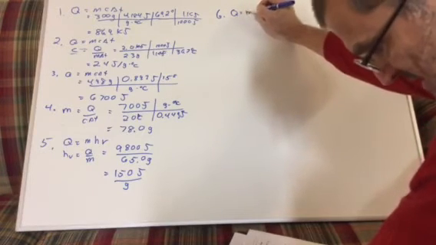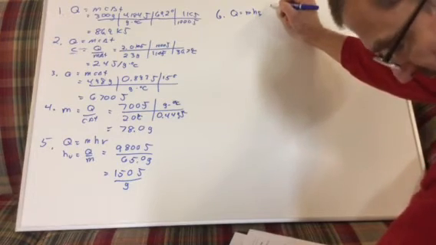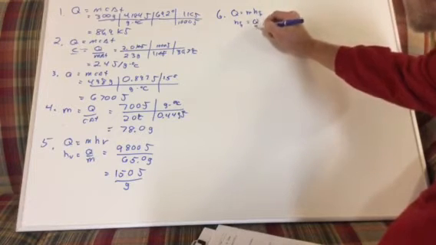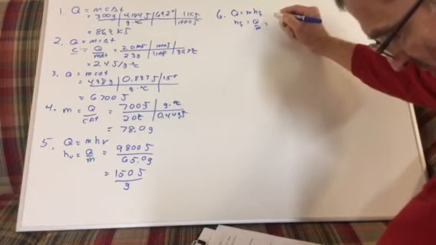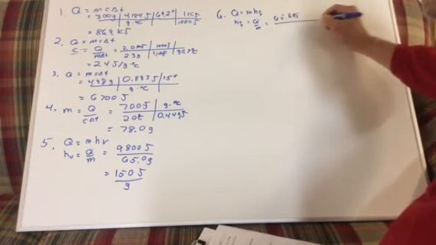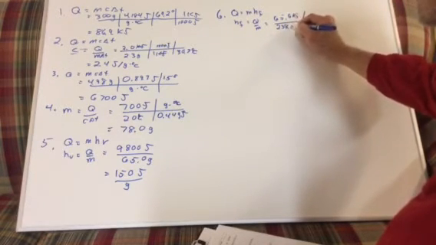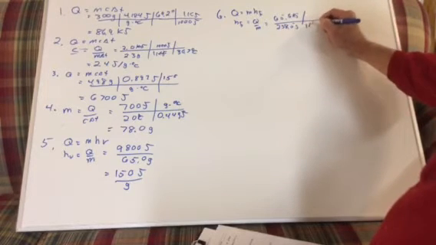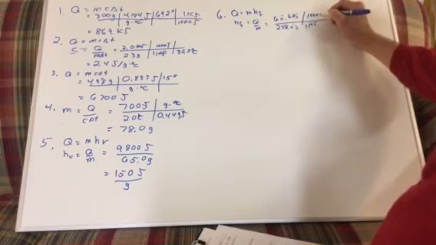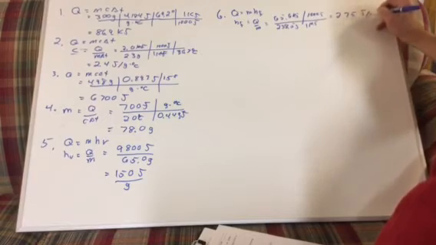Q equals M H of F. So H of F equals Q over M equals 65.6 kilojoules over 238.5 grams. 1 kilojoule is, of course, 1,000 joules, and the answer is 275 joules per gram.